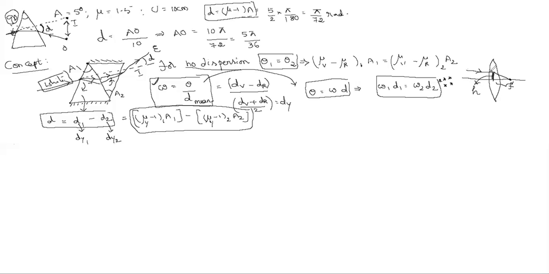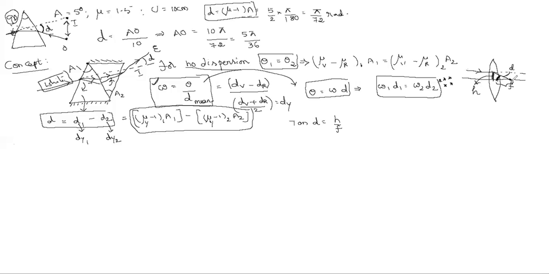In this case, if I ask what is the deviation, can I say this angle is the deviation angle D? Here also the alternating angle is the deviation angle D. Then can I write tan D equals, from the triangle, h by f?